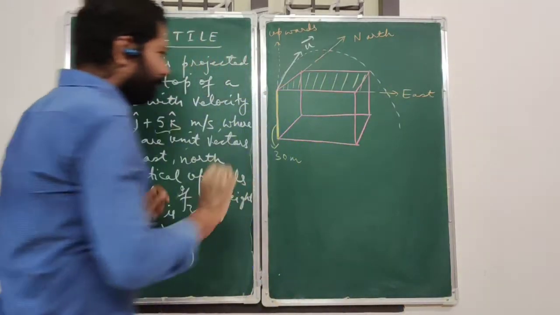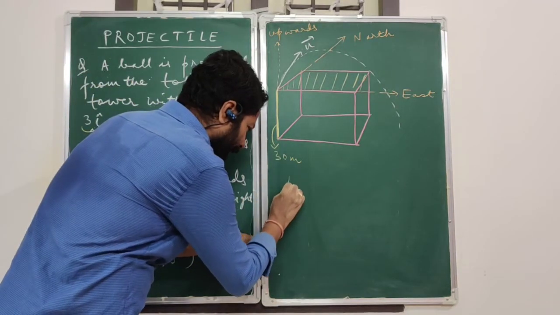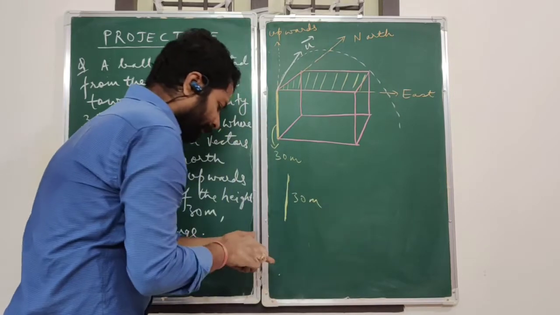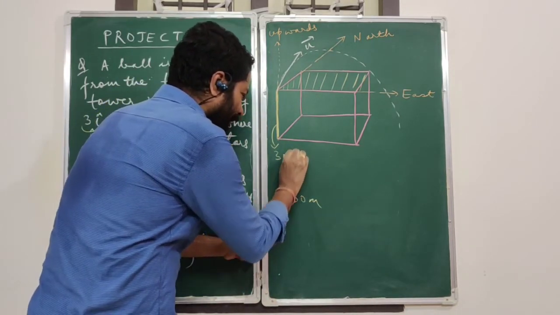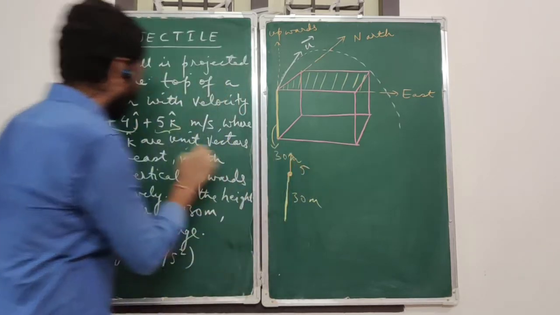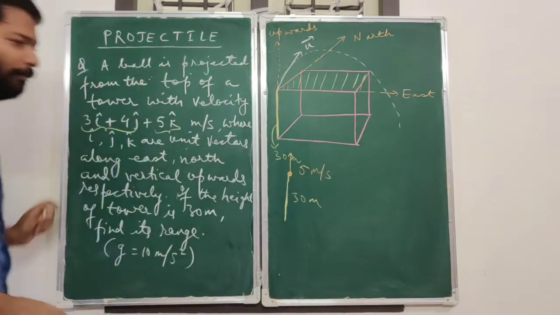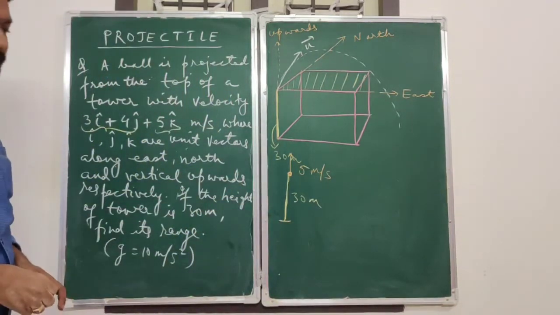So now we will concentrate on the upward velocity. So this question is reduced to this: this is 30 meter. A ball has been thrown upwards with some velocity. What is the upward velocity given to it? Can you see? 5k cap. So that means 5 meter per second. How much time will it take to come down? Can you find it out?